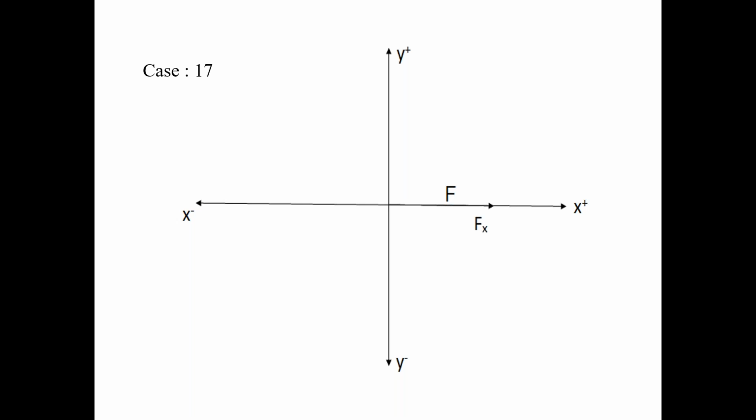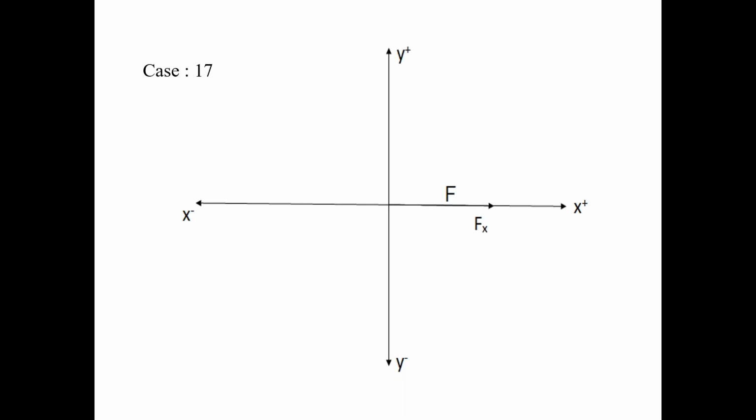Please everyone look at this diagram on your cell phones. In this condition 17, since the force F is acting along the x-axis, please watch this carefully. Since the force F is acting along the x-axis, the angle made by the force F with the x-axis is 0 degrees, because the force F is lying on the x-axis.